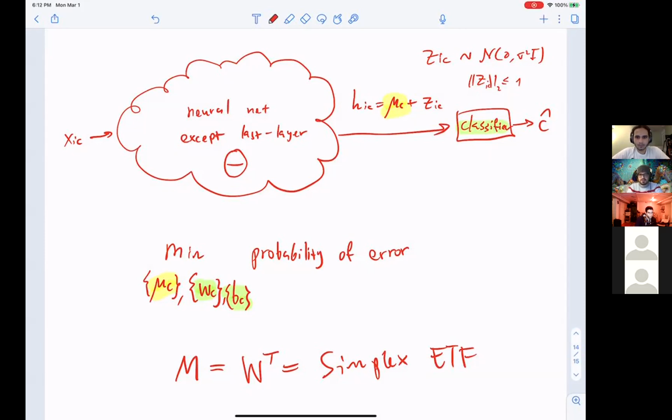Because it's a non-convex, high-dimensional, extremely complicated optimization. So what you can do is make a mental model, a simplification, where you just say, okay, imagine that I were able to choose the optimal class means. What would those class means look like?